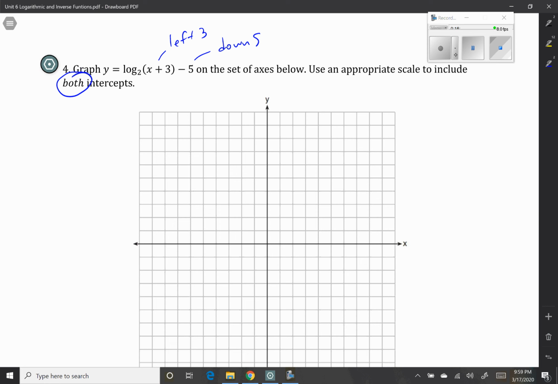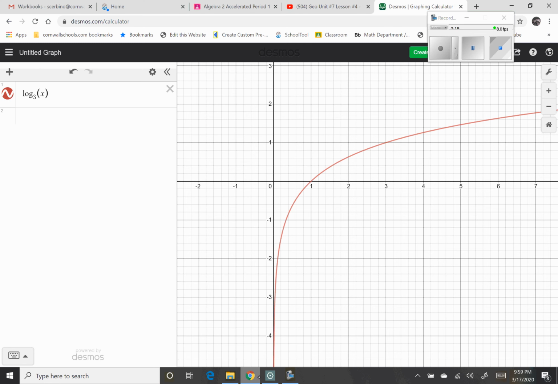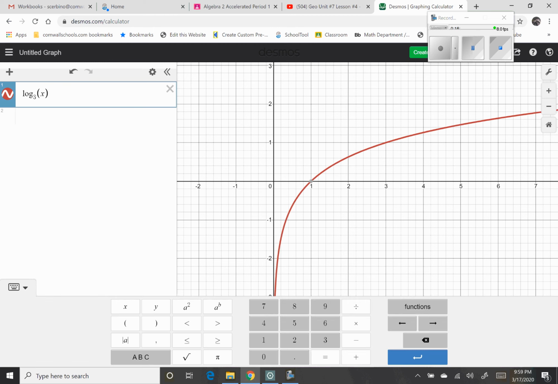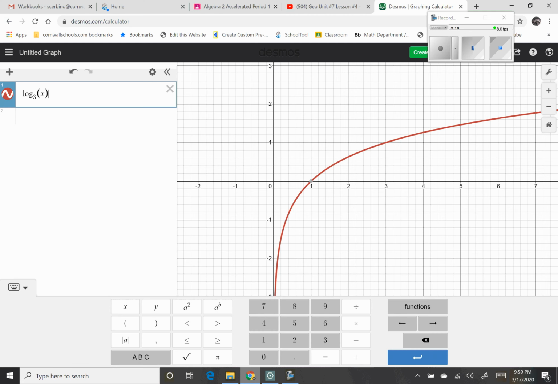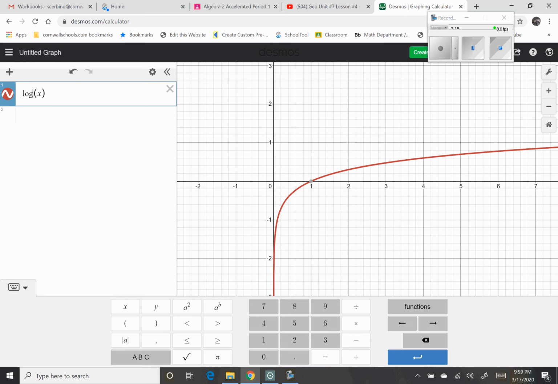But the first thing we want to do in my graphing calculator is figure out what these x and y intercepts are so I can make sure that my scale is appropriate. So let's graph this one. I'm going to go to Desmos because I'm going to have a calculator on here. So let's go to log base 2. I've got to change my base there. Whoops.